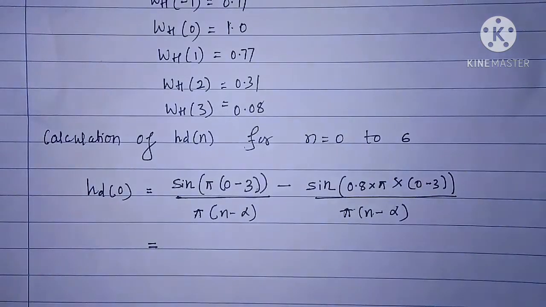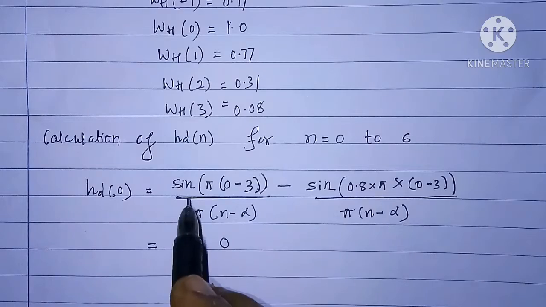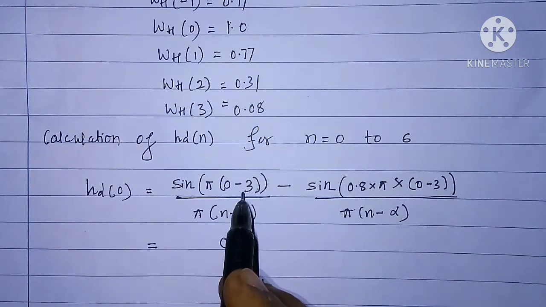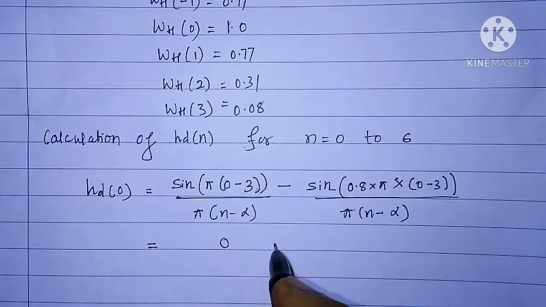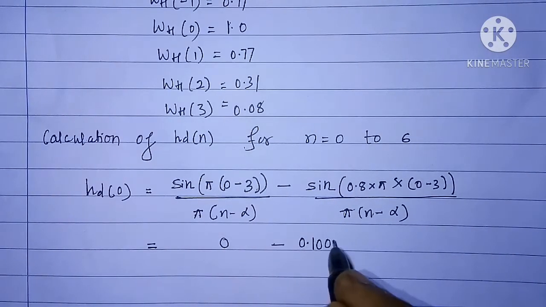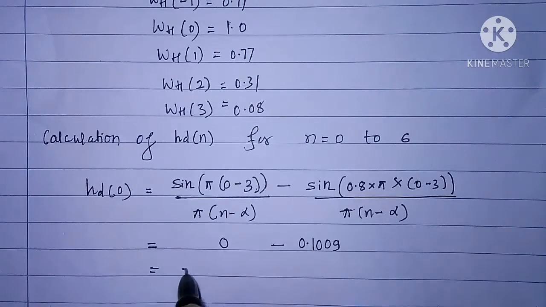You will get 0 here because sine of angles which are integer multiples of 180 gives us 0, minus 0.1009. So you get HD of 0 as 0.1009 with negative sign.